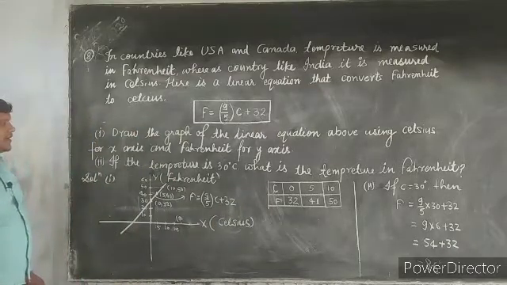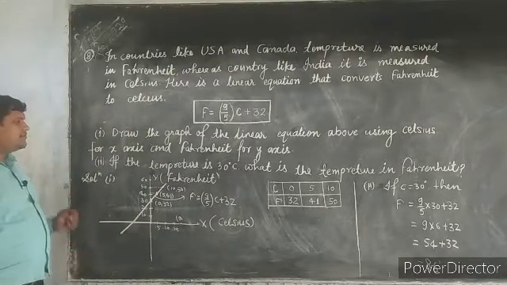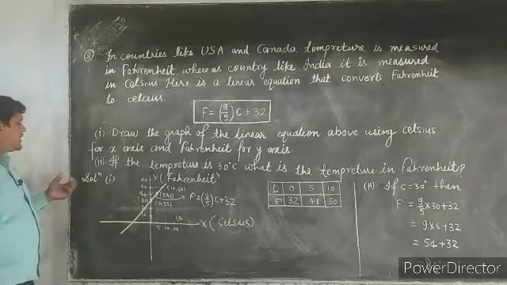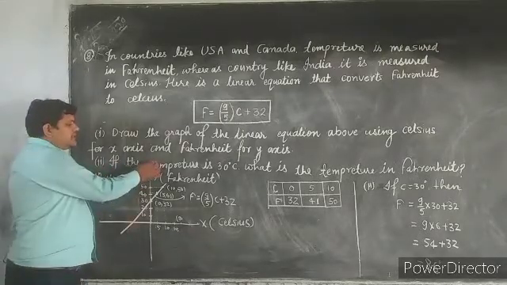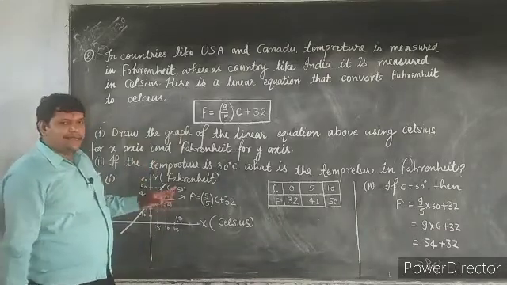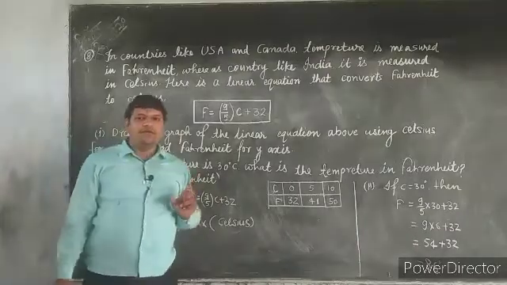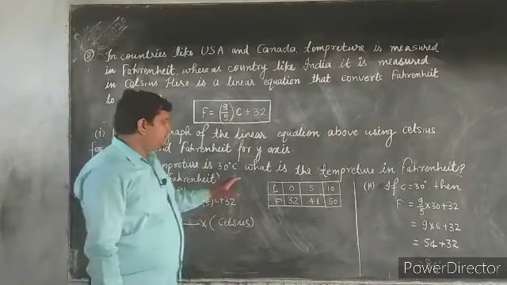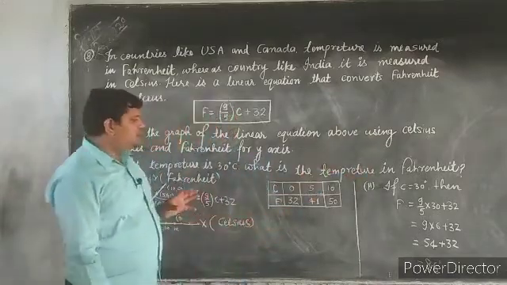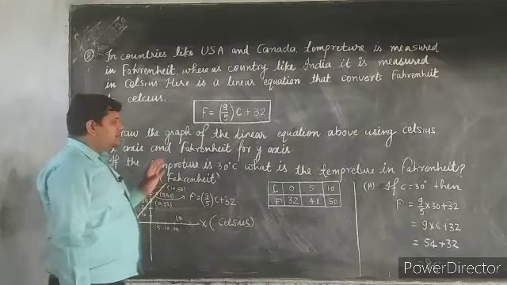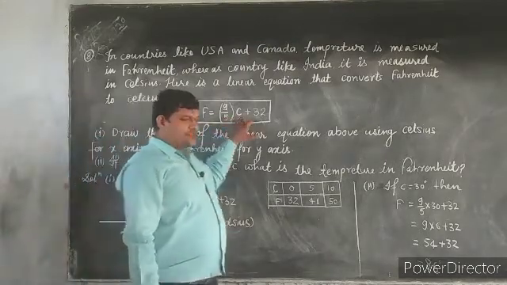So I think you are able to understand how we draw a graph for this. Now the second part is, if the temperature is 30 degrees centigrade, what is the temperature in Fahrenheit? For this we will use the previous formula.